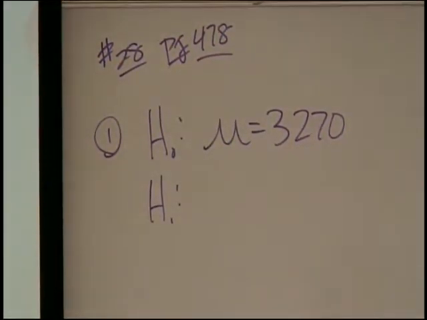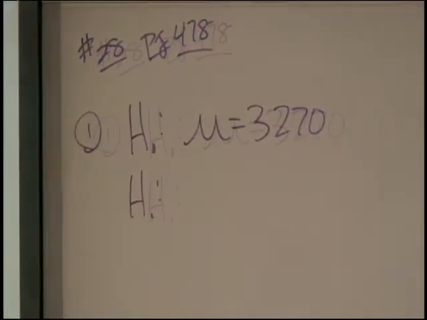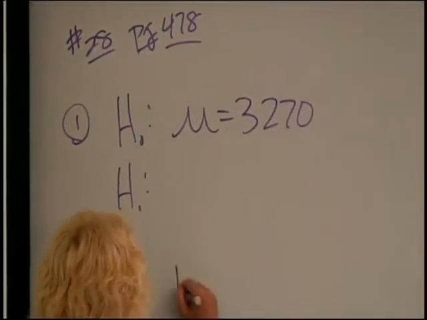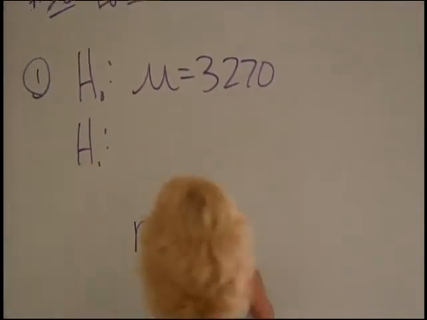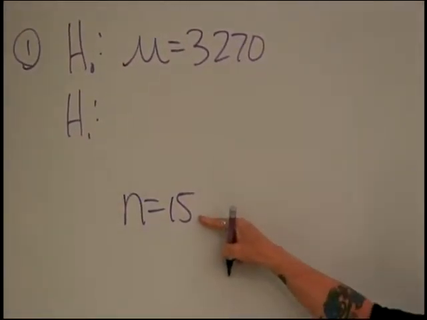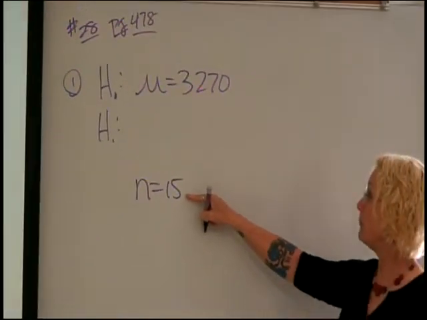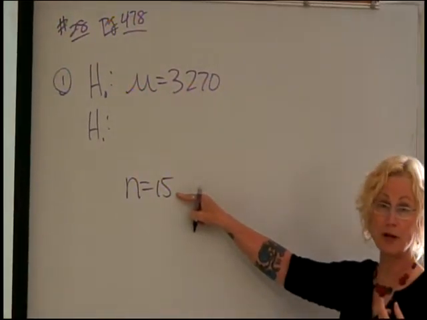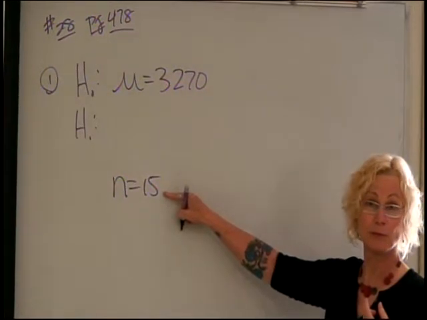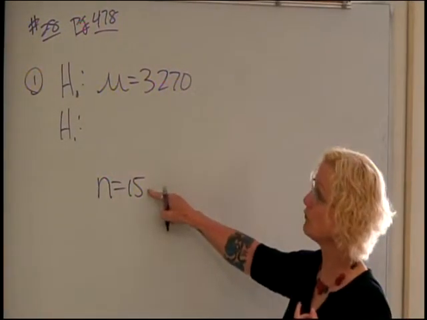A random sample of 15 births to mothers who were less than 15 years of age results in a sample mean birth weight of 3080 grams. To conduct a hypothesis test, because the sample size is small, we discussed last time that the population of birth weights has got to be normally distributed, right? Because we have a small sample size.